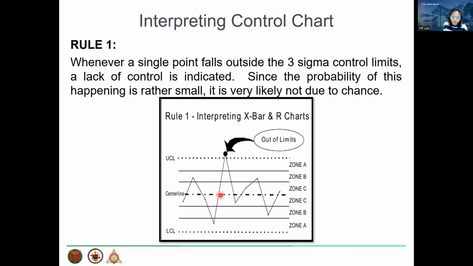So, rule 1. If you have a single point, just a single point that went outside your assigned limit, whether it's the upper or lower control limit, it means that your process is out of control or non-conforming. Even if only a single point goes out, the process is non-conforming.